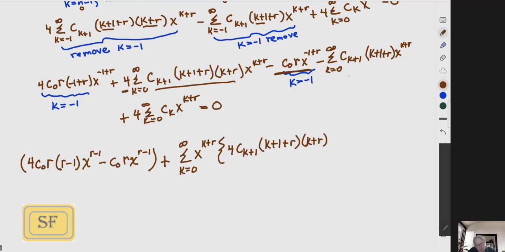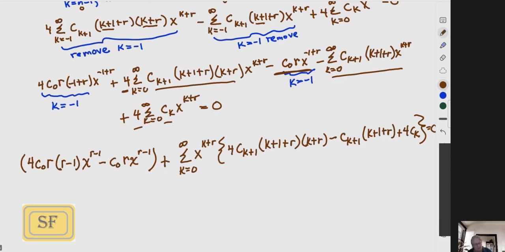From my second summation, I'm going to have a minus c sub k plus 1 times k plus 1 plus r. And from my last summation, I'm going to have a plus 4c sub k, braces, equals 0. All of that's equal to 0.